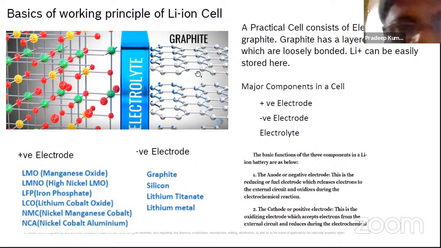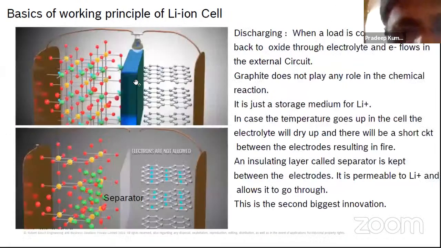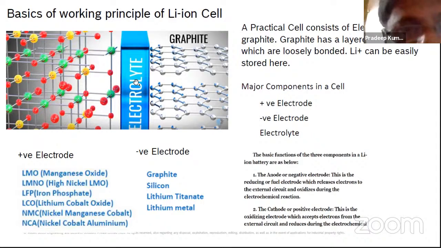And the invention of graphite is one of the very big inventions in the lithium ion battery, because graphite has structural properties such that there are a lot of spaces in this graphite structure where this lithium ion will come and stay.